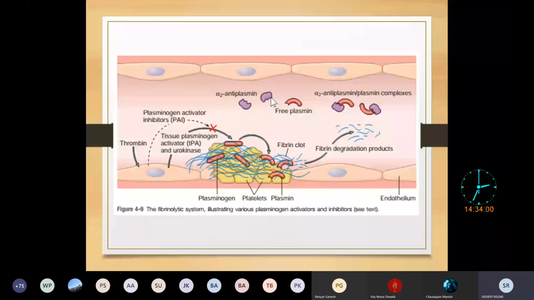This alpha-2 antiplasmin is inhibiting the free plasmin. But when it sees there is a clot formation in an area where it is not needed, then it will be freed. Then this plasmin will come to the clot area, and it will lyse the fibrin. Then there will be formation of these fibrin degradation products.